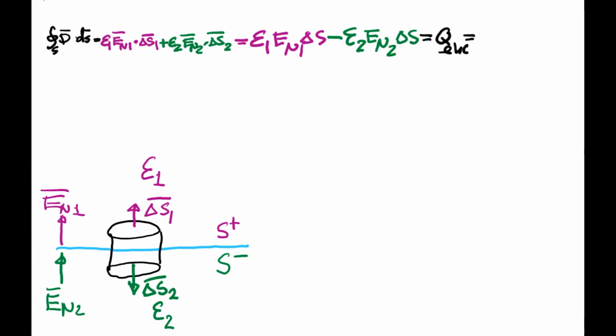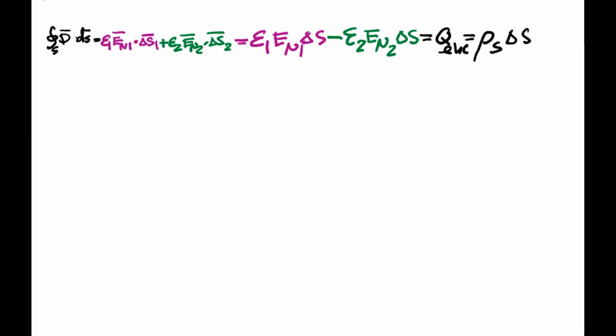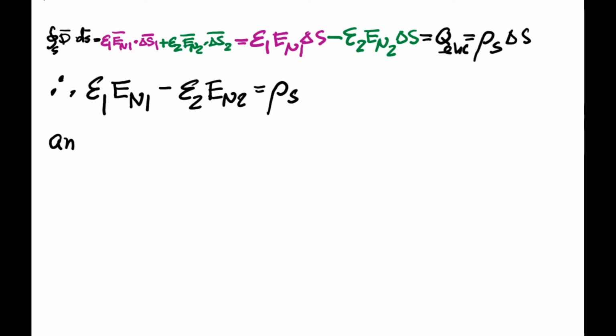The surface integral equals the enclosed charge. We cancel out the delta S and obtain these conditions for the normal component. Both conditions for tangential and normal components are shown here.